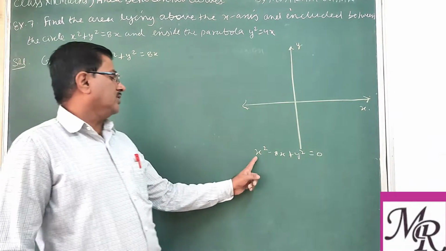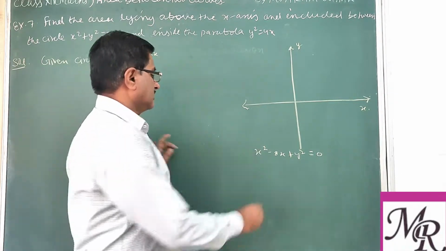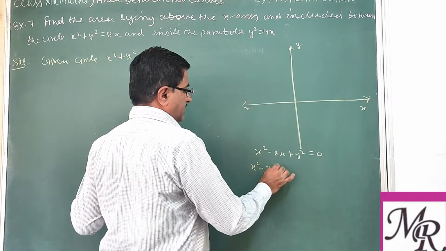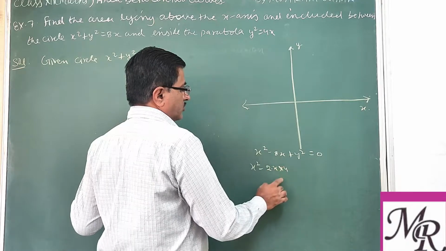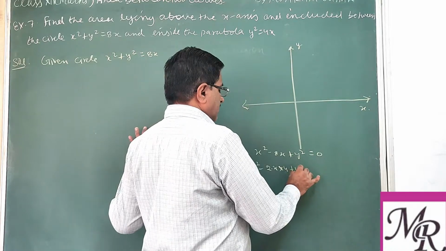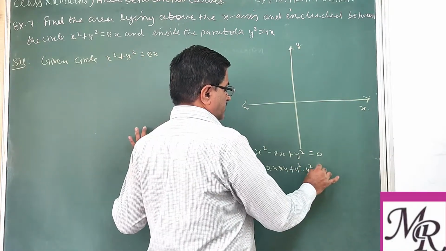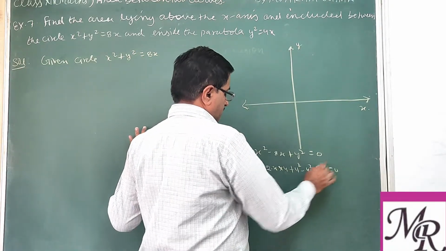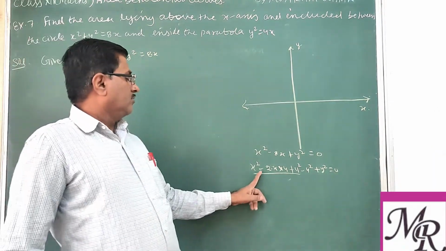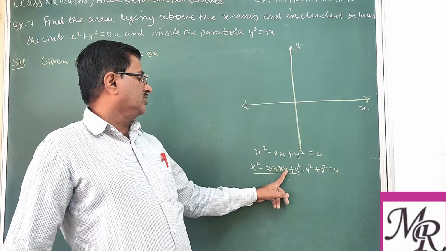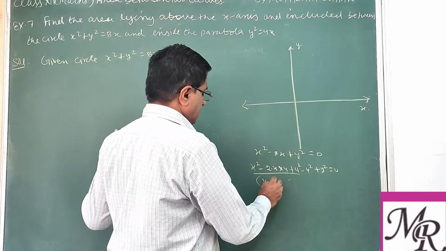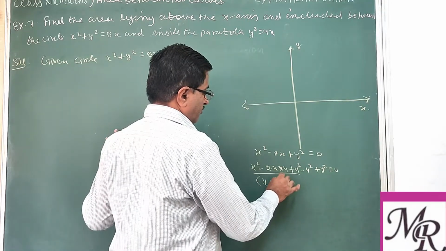Now how to complete the square: minus 2 into a, that is x, into b. Here b is 4. So we add b square, 4 square, and minus 4 square. Now this is the complete square: a square minus 2ab plus b square, that is (a minus b) square. Here a means x, b means 4.